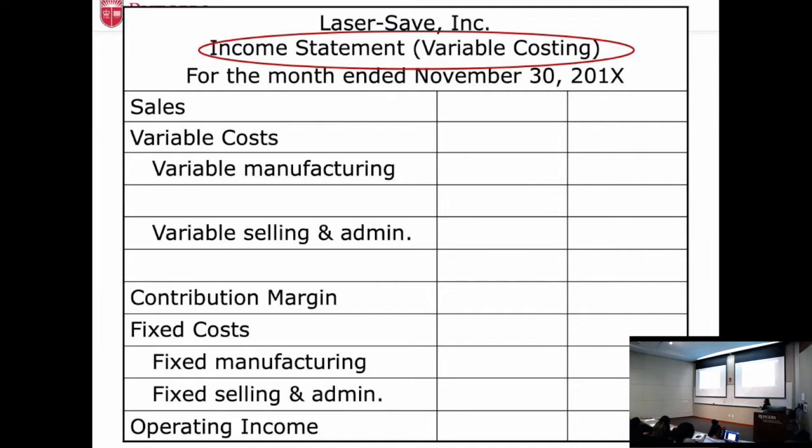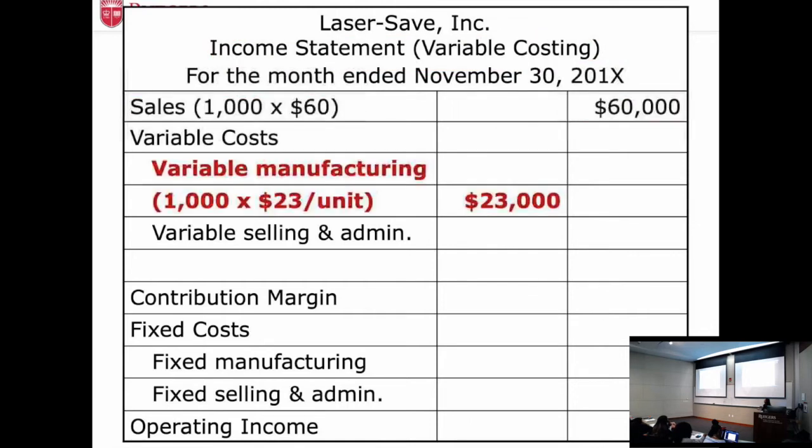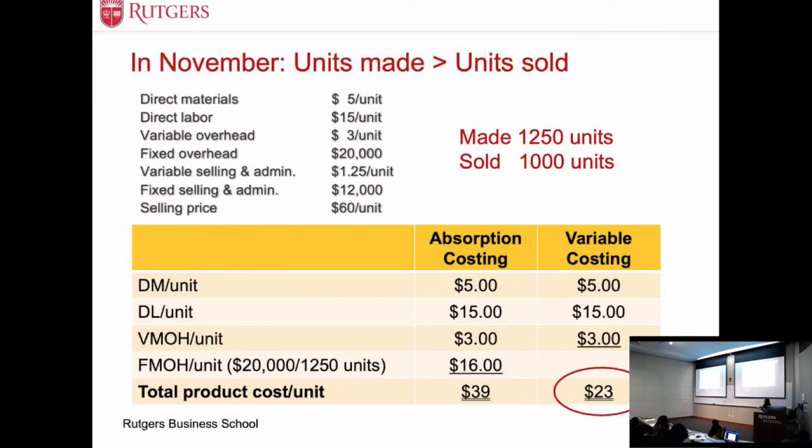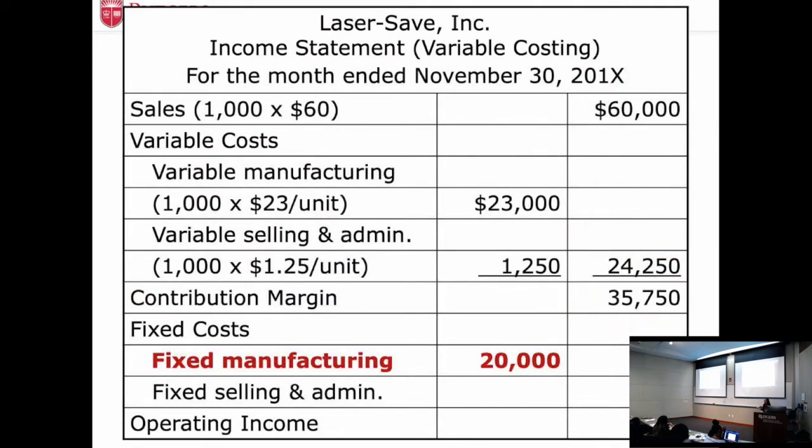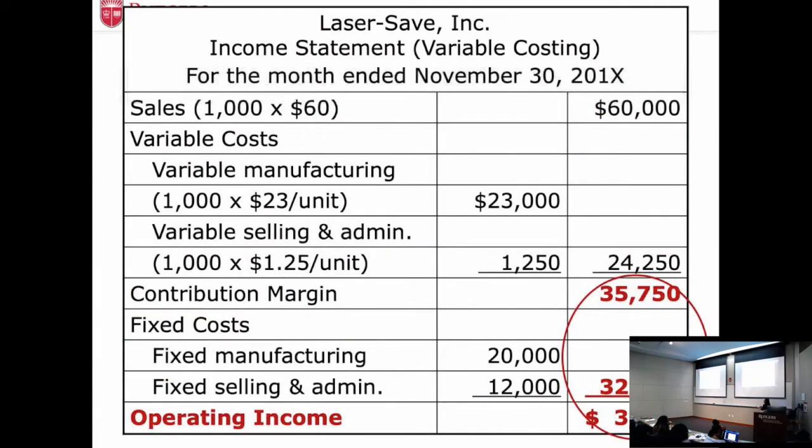So the operating income should also be the same as the one that we calculated in October, right? So if you want to verify, you can do all the calculations because everything is the same. So here the operating income is still 3,750, right? Because when we calculate the variable manufacturing cost, it's still 1,000 multiplied by the 23. The 23 is the unit production cost under the variable costing, right?